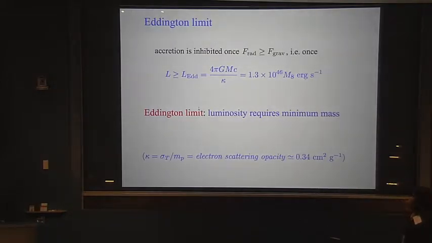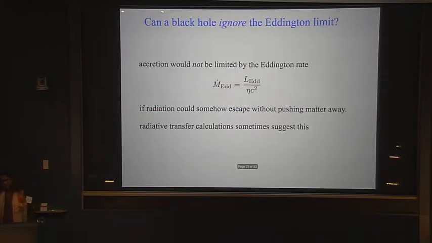Okay, so let's go back to now trying to motivate the kind of feedback model that we're going to need, right? So the first question, before I do that, let's look at what are the circumstances under which you can actually bypass the Eddington limit. So remember, the Eddington limit was derived with a strict set of assumptions about the geometry.